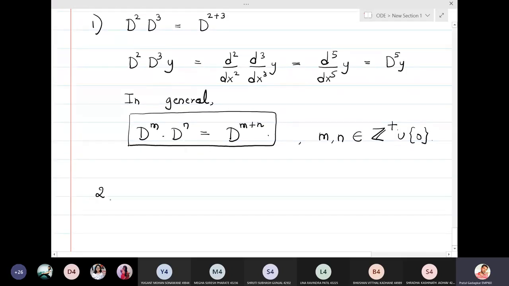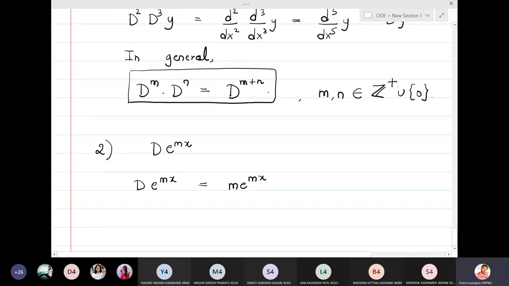Now, a second simple property that I observe. If you carefully see, what is D of e raised to mx? Means I'm asking you the derivative of e raised to mx. The derivative of e raised to mx is equal to m e raised to mx.